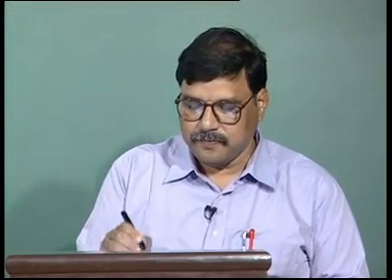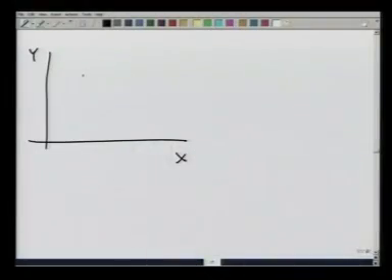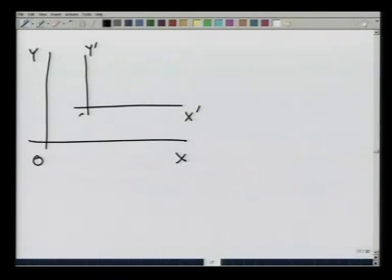So, let us take 2 sets of axes: x y with origin O and another set of axes x prime y prime with origin O prime. The O prime is shifted with respect to O by x coordinate a and y coordinate b.